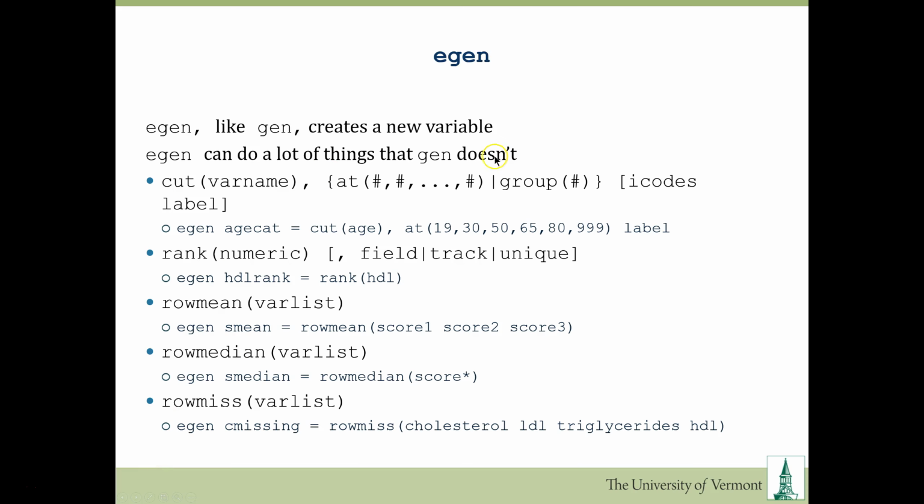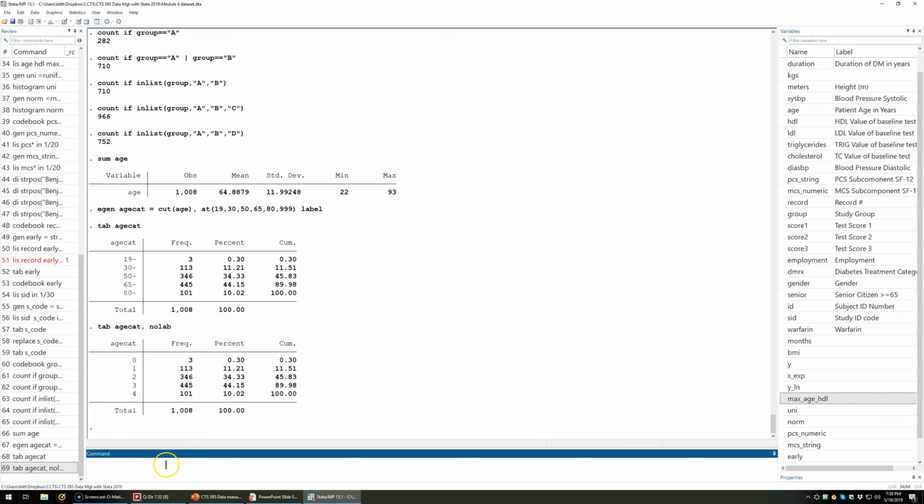There's another way to do that, and that's with the group option. So perhaps I want to get quintiles. Let's do age5 is equal to cut age, and this time just do group into 5 groups. And let's not put a label on this time and see what happens.